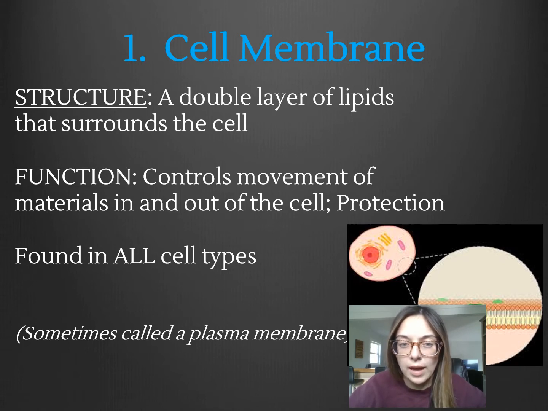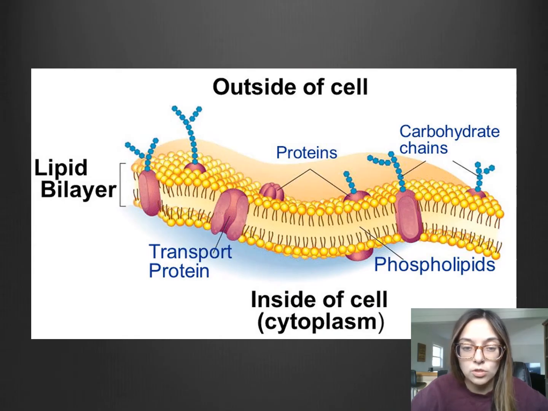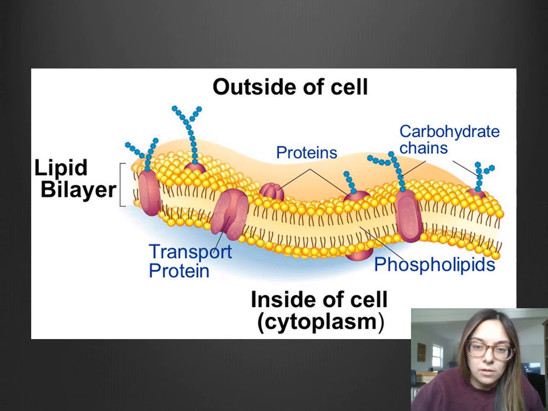Let's take a look at a closer picture of the cell membrane. Okay, so if we zoom into that perimeter that is surrounding the cell, this is what it would look like. You can see where the outside of the cell is, you can see the inside of the cell, you can see the structure where we have these tails that are facing the inside here, and those are lipids.